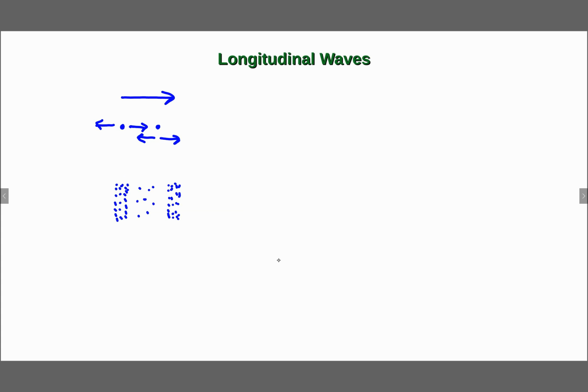And this structure here, this is just like the crests and troughs of our transverse wave, okay? Our wave on a string or something like that. And so if we have multiple sources of these longitudinal waves, they obey superposition just like the waves on the string, okay?